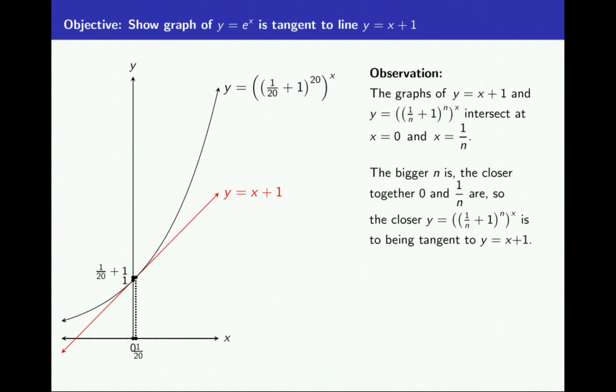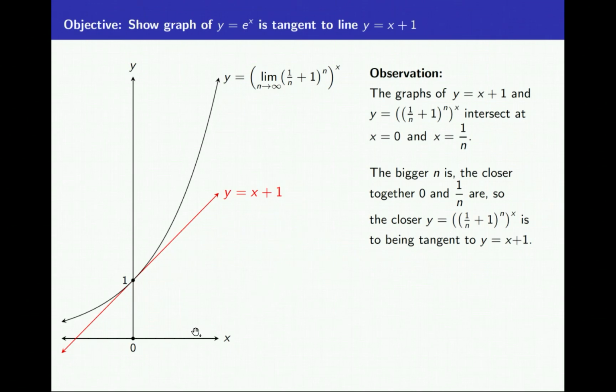So if it's true that the bigger n is, the closer this is to being tangent to the red line, then just let n get bigger and bigger and bigger. Let n approach infinity. Think about the graph of y equals the limit as n approaches infinity of (1 plus 1 over n) to the power of n, all to the power of x.